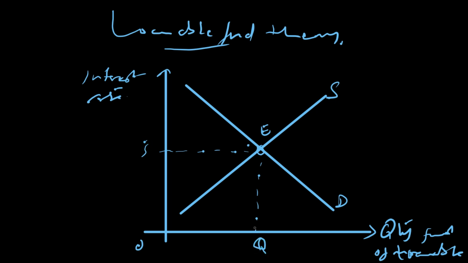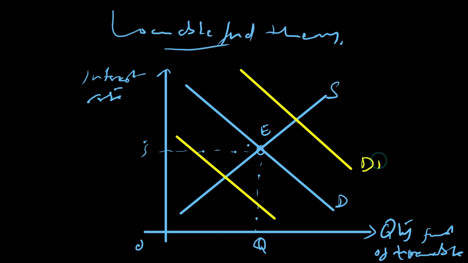Now if there is an increase in demand for loanable funds or a decrease in demand for loanable funds, interest rate will change accordingly, and if there is an increase in supply of loanable funds, then again interest rate will change accordingly. If there is an increase in demand for loanable funds, then the demand curve will shift to the right. If there is a decrease, then it will shift to the left.